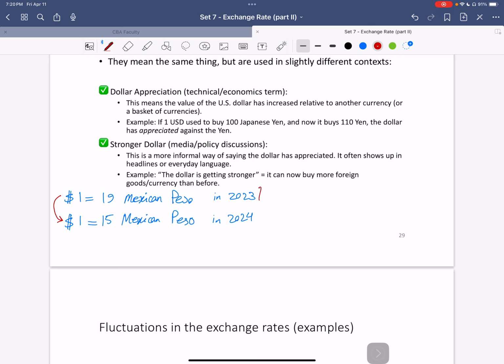And it means that between 23 and 24, dollar had depreciated against peso, and peso has appreciated against US dollar.